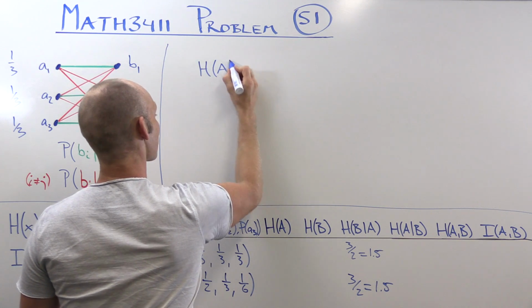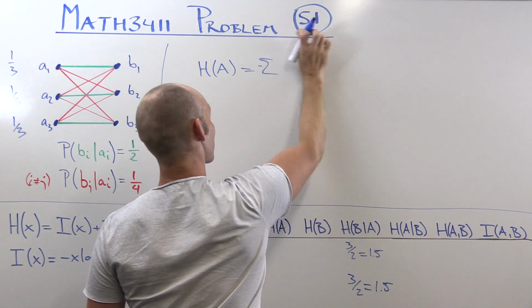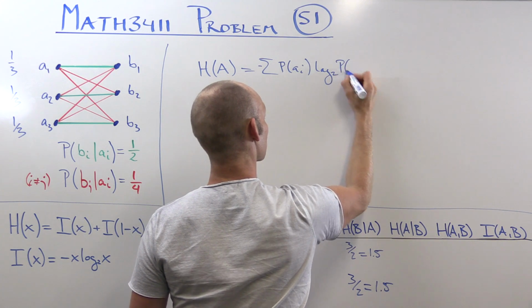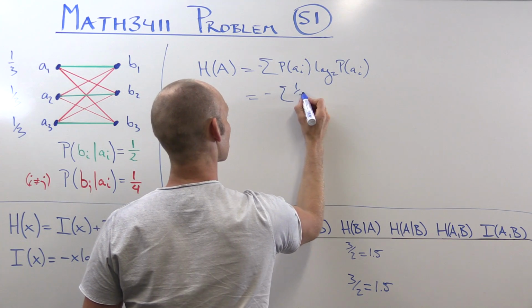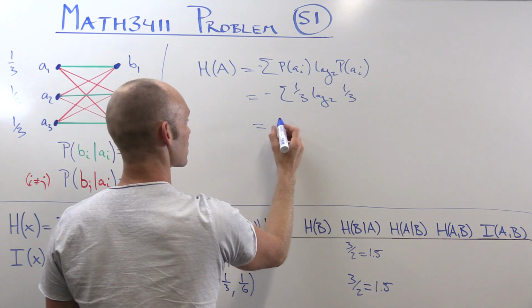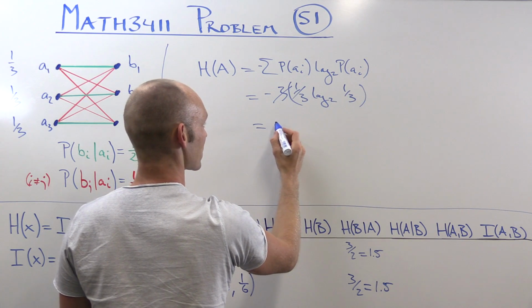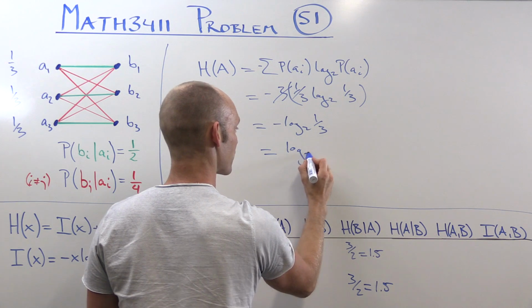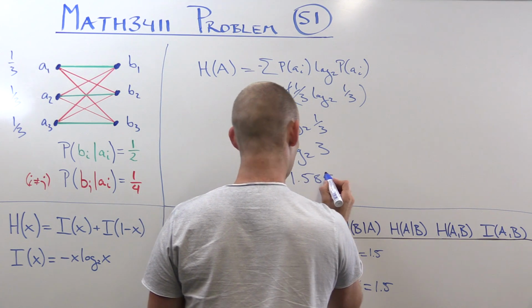Well, that's just the sum of minus the probabilities of Ai times the log of those probabilities, or in this case, minus a third times the logarithm of a third, and we've got 3 terms, so this is just equal to 3 times this, and this cancels out, gives you minus the logarithm of a third, or in other words, the logarithm of 3, which is roughly about 1.585.